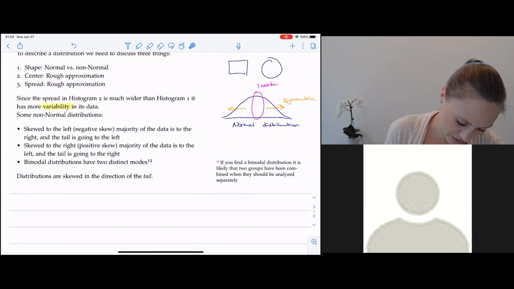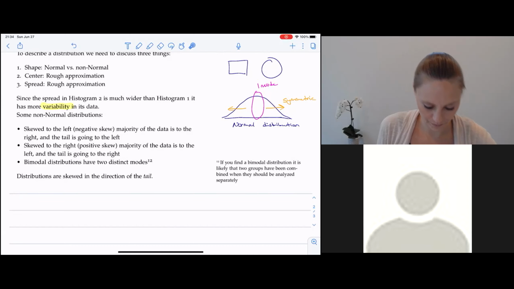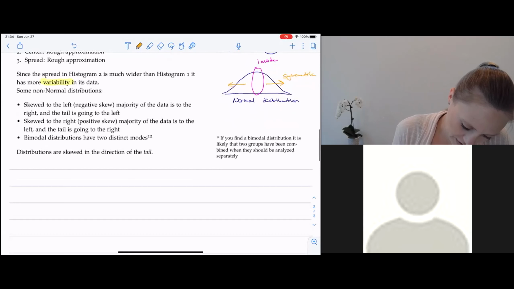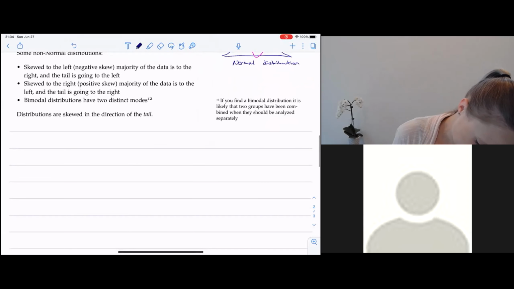Let's talk about some non-normal distributions. I'm just going to give you the core 3. We'll talk about distributions that are skewed to the left, so here I'll do left skew.